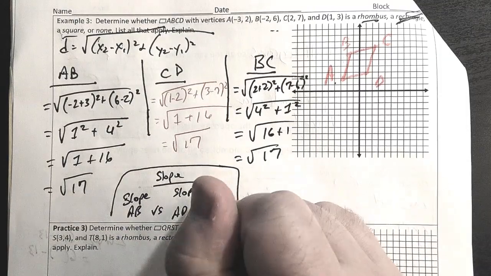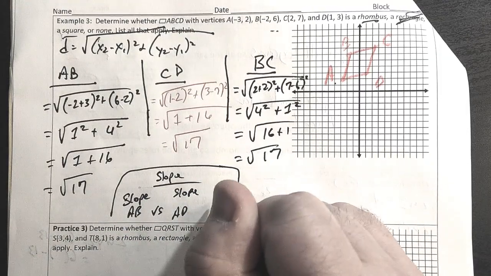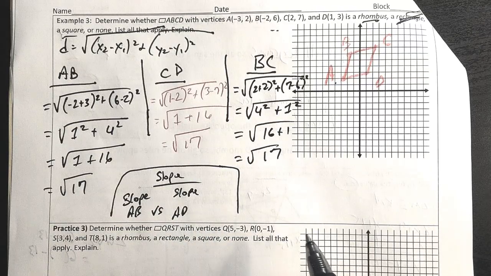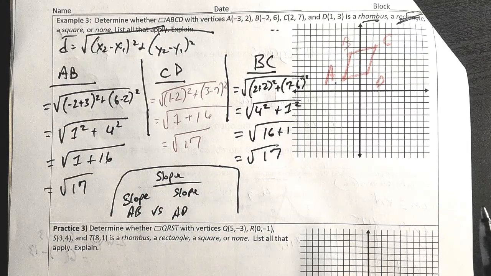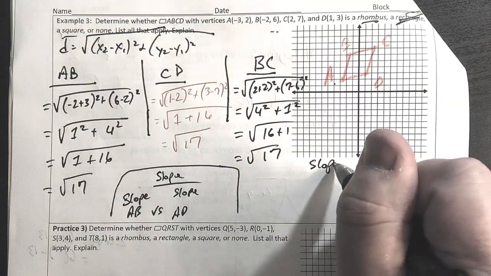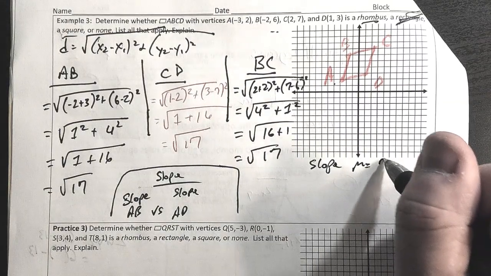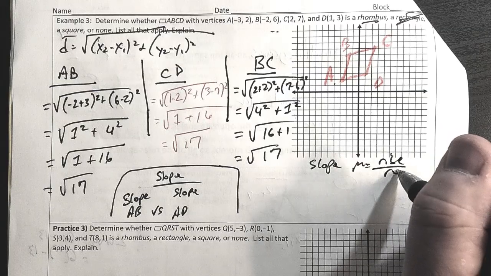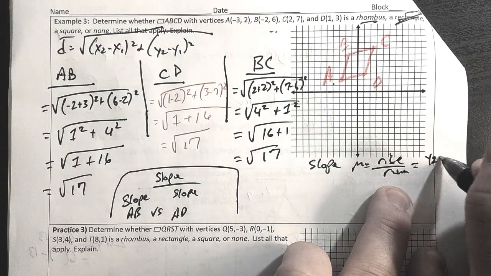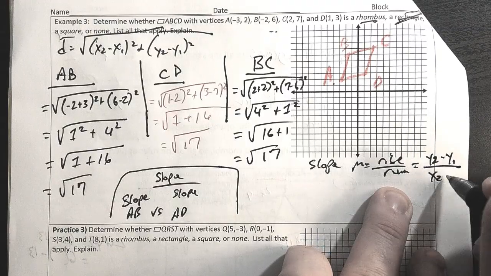And if their product equals -1, then they're perpendicular and it's a square. But if they don't, then it's not. So let's get the slope. So slope formula. m equals rise over run, which is your change in y. So y sub 2 minus y sub 1 over x sub 2 minus x sub 1.